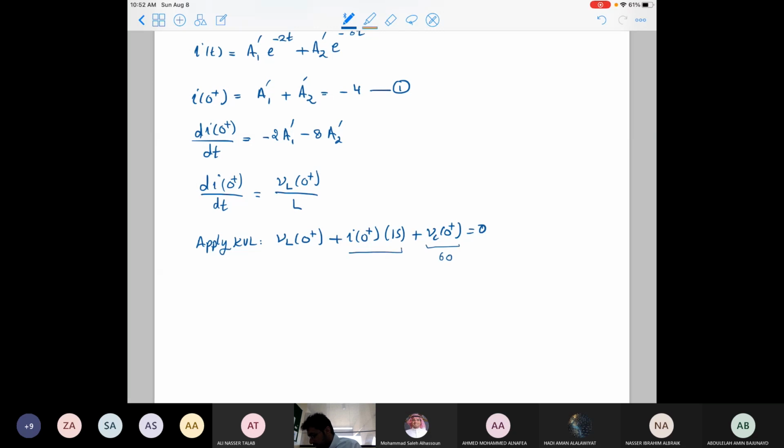This one is going to be I0 prime, negative. And it's going to be negative 60.